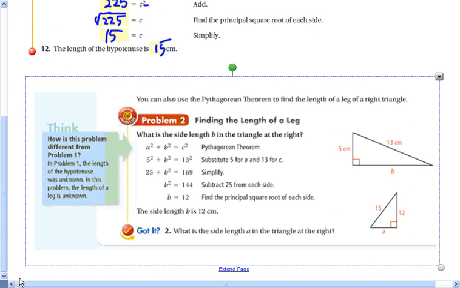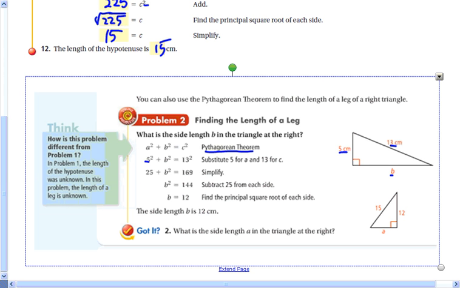Sometimes you're given some different information. Like in this case, one of the legs is 5, the hypotenuse is 13, and the other leg we do not know. We want to know what that is. Notice that we're using the same formula, the Pythagorean theorem, a squared plus b squared equals c squared.